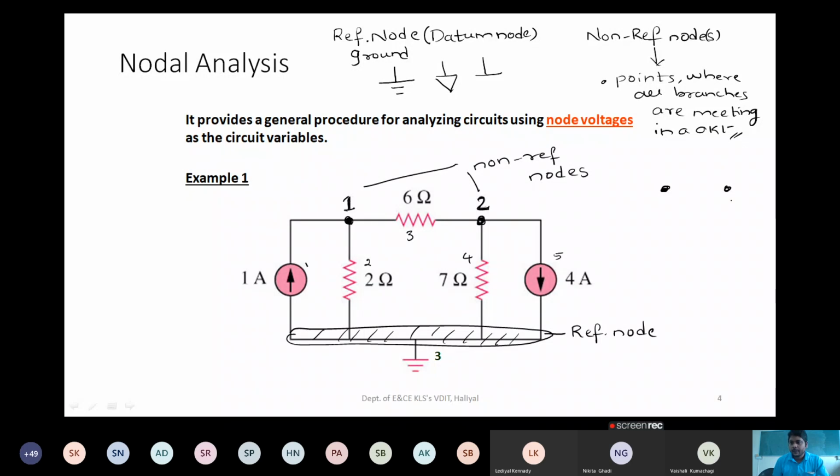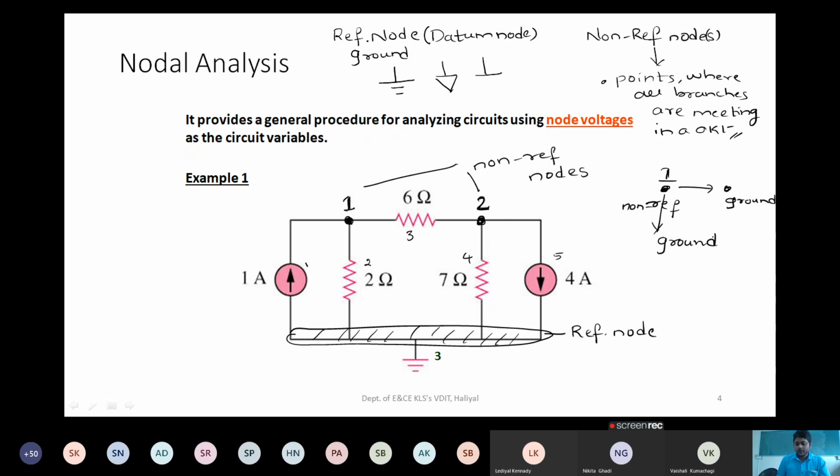Out of that, one will be common, which we call ground, and the other will be the non-reference point. So if I want to measure the voltage with respect to point 1, I can measure from 1 to 2 also, and 1 to ground also.